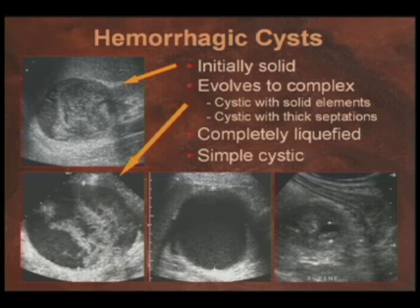Eventually, a hemorrhagic cyst will completely liquefy and may have diffuse low-level echoes, as shown in this image, or may have a fluid cellular layer, as shown in this image. But if you wait long enough, and this may take a matter of several weeks or months, cysts will usually convert back to a simple appearance.